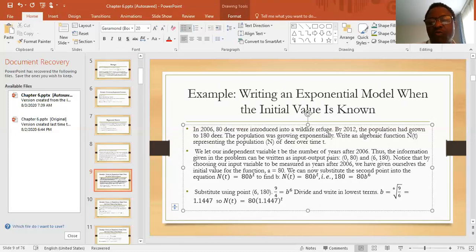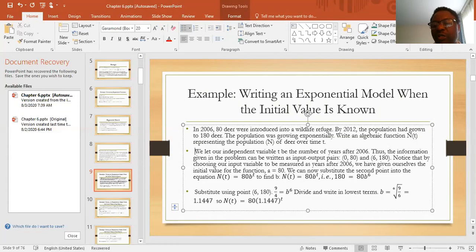Given that this is an exponential function, we consider a as 80 from the initial value, and our formula for the exponential function is N of t equals 80 times b raised to power t. To find b, we replace the point (6, 180) into the equation to have 180 equals 80 b raised to power 6.